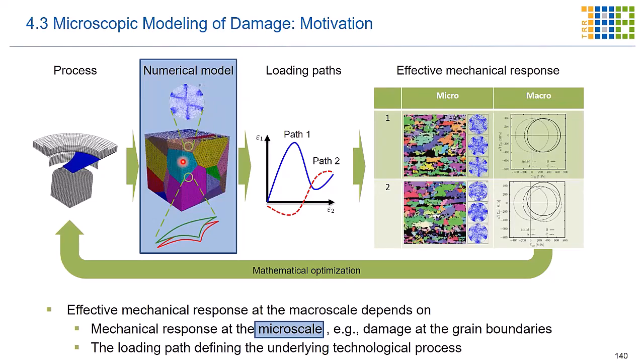And these grains are sometimes assumed to show plasticity, sometimes also a damage like in martensite cracking. So you want to combine the behavior not only of the bulk phase, but also of the interfaces. And under different loading paths, then you can get a different mechanical response.